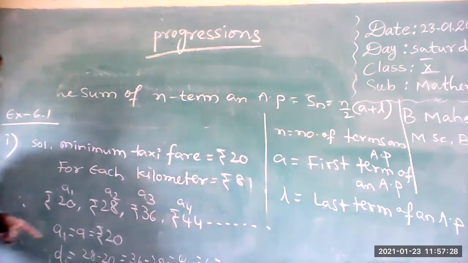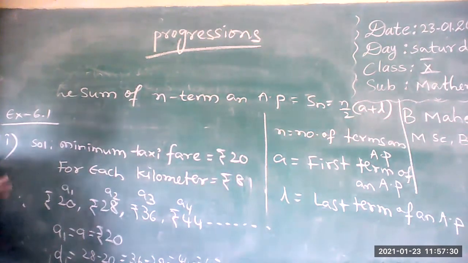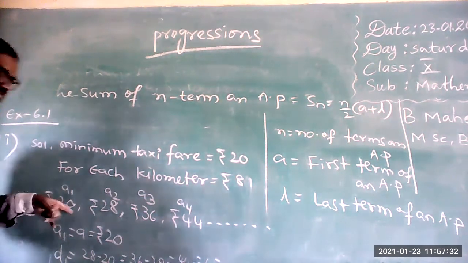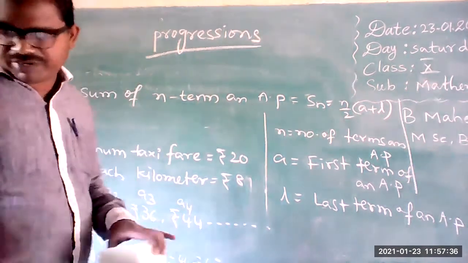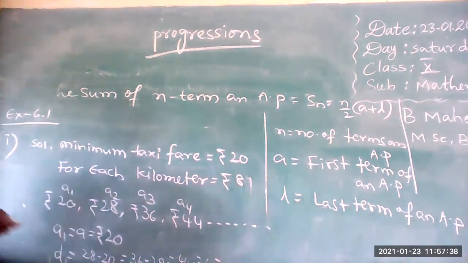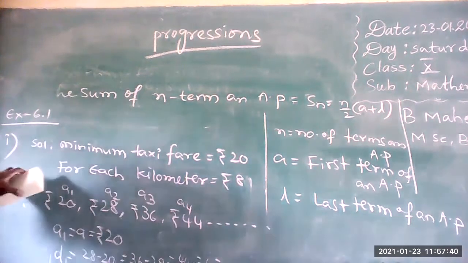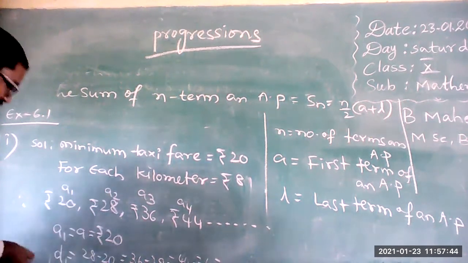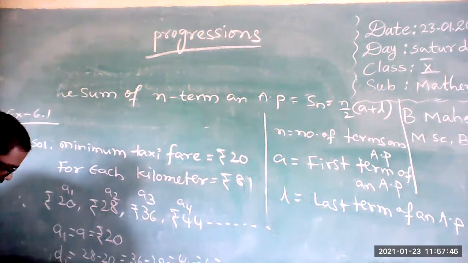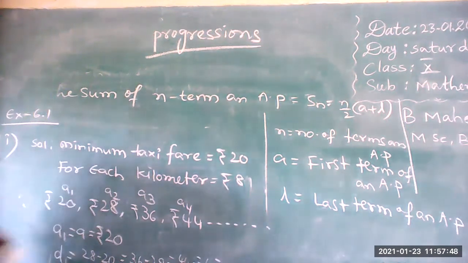The difference between all terms is the same. That value is equal to 8 rupees. So the given series is an AP. The difference between successive terms is the same value, 8 rupees. So D is equal to 8.